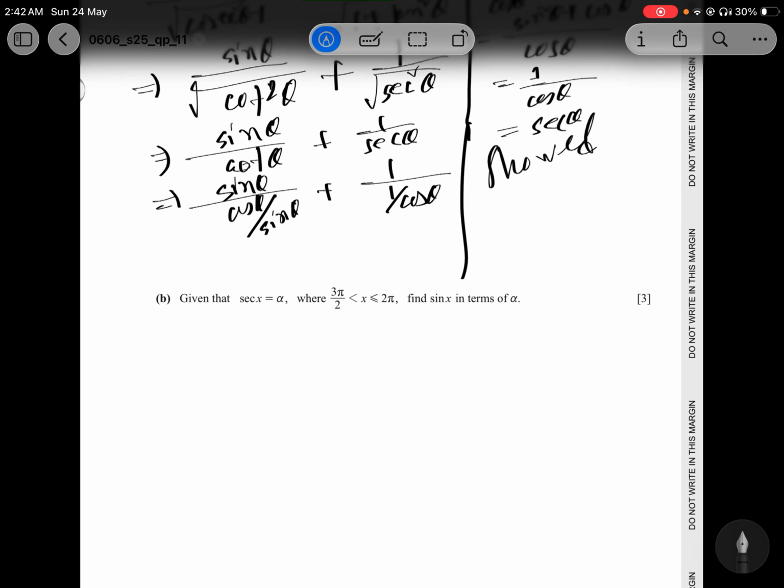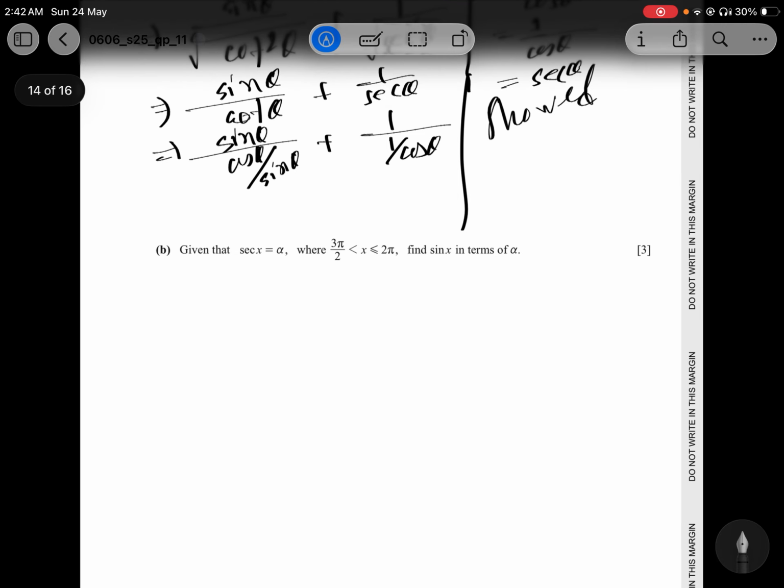Nice. Given that sec of x is equal to alpha, where x is given as 270 to 360, find sin x in terms of alpha. So sec x is equal to alpha.